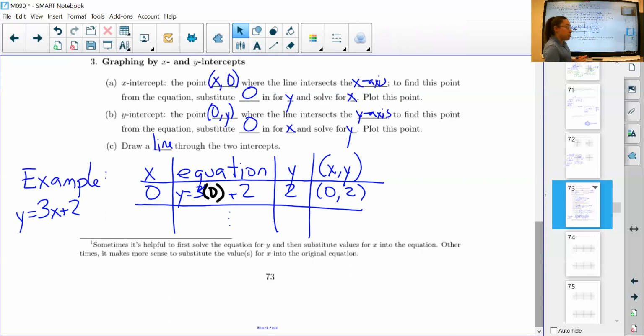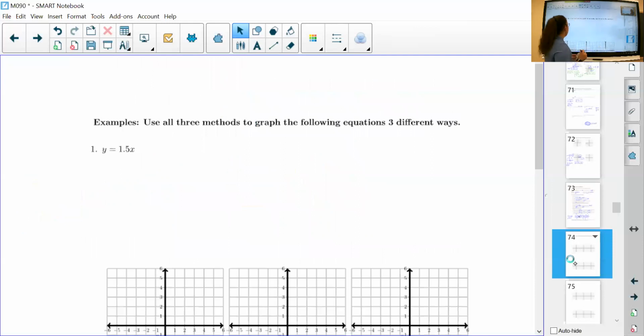Okay, now that we've seen a 4-column chart, let's build one for this next equation. We're going slow today. Okay, y equals 1.5x. So, first way is to build a chart.